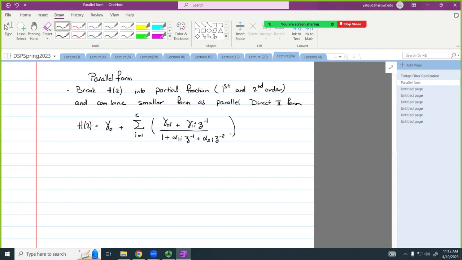So this, if we're expanding the H of z as a second order, or we can have the summation from i equal 1 to 2k of Ai divided by 1 minus Pi multiplied by z to the negative 1. Either one. So this or the other one.